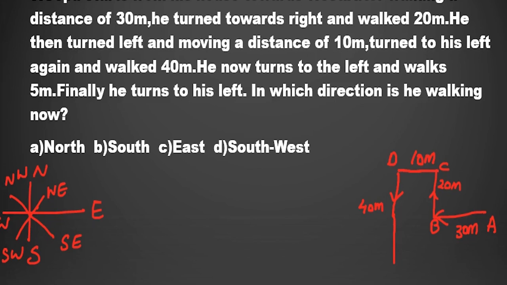He now turns to the left and walks 5 meters. And from point E, he turns left and walks 5 meters up to F. He now turns to the left and walks 5 meters.